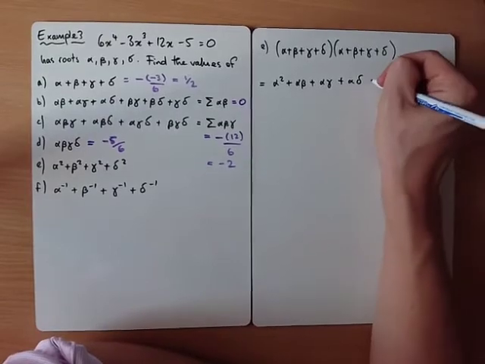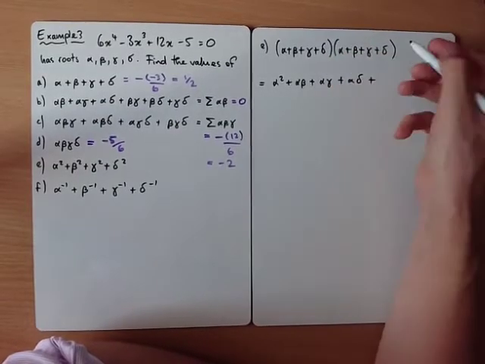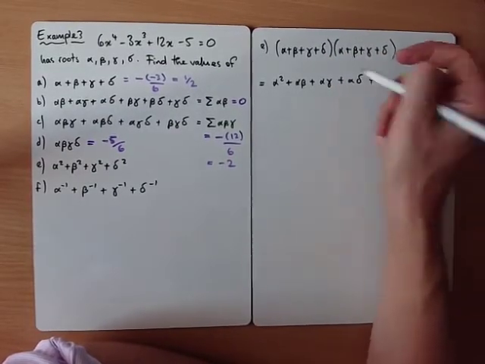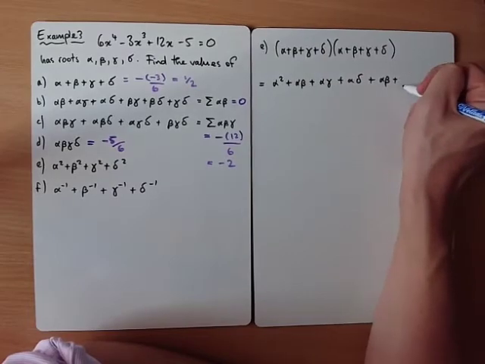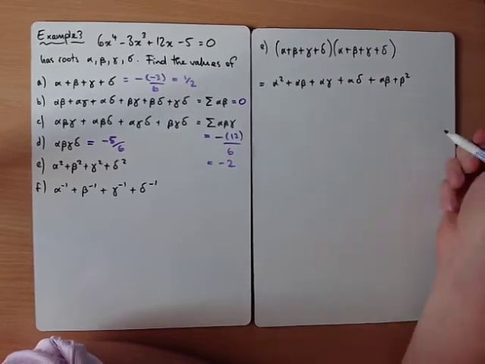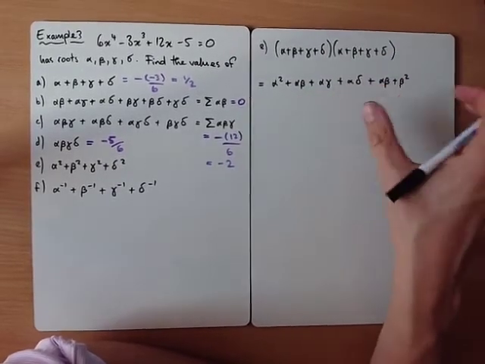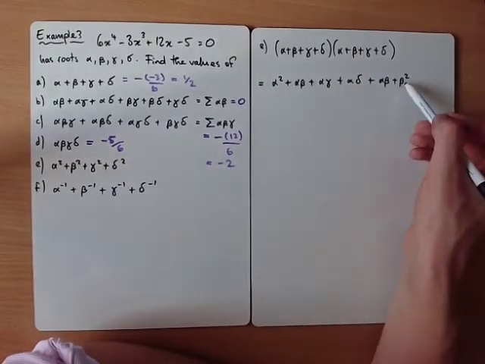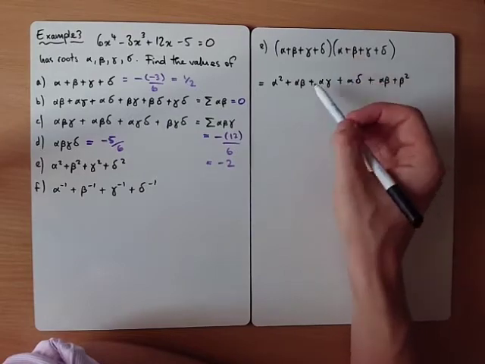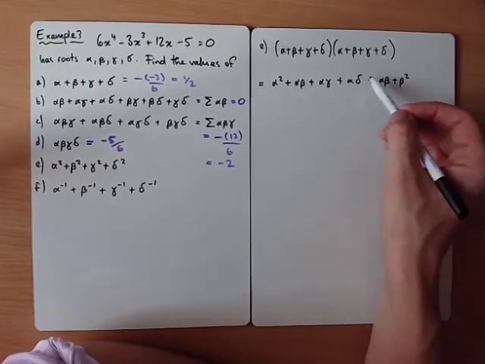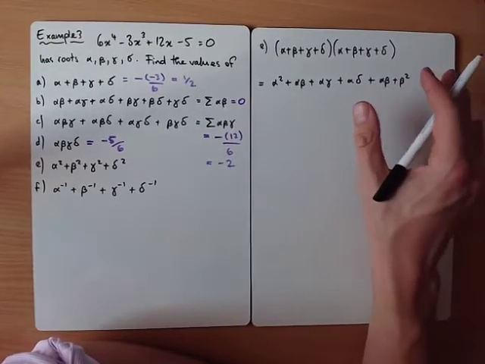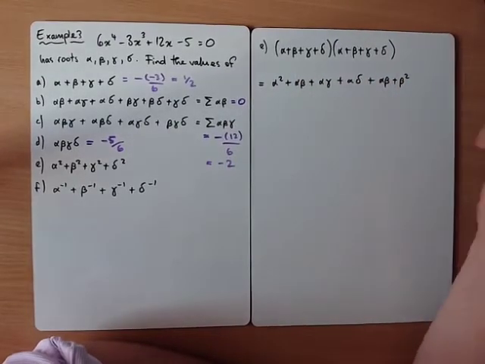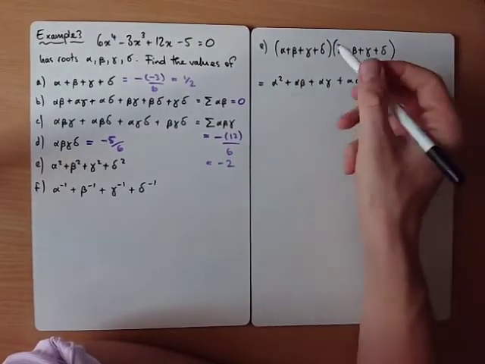And we can keep going. And we'd then get another alpha beta, a beta squared. And you might be able to just spot the pattern. Like, as we expand this out, we're going to get alpha squared, beta squared, gamma squared, delta squared. And the alpha betas, all these other little combinations are going to count twice. So you might spot that straight away, but let's just go through the process just to make sure.